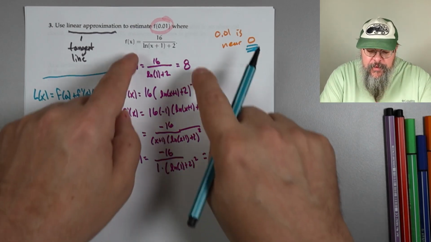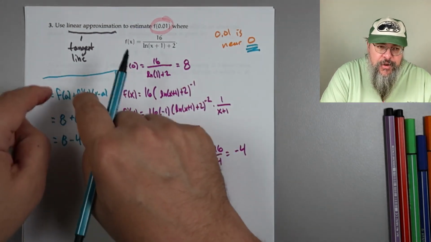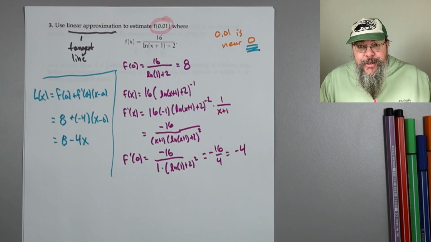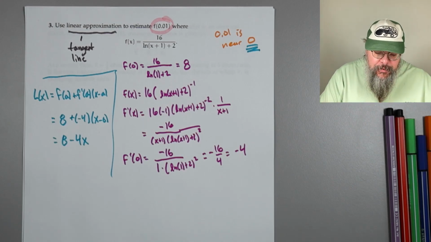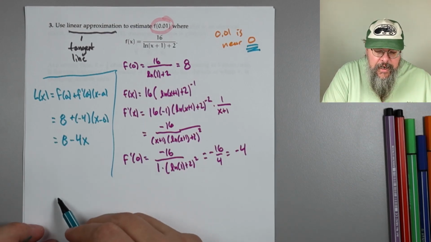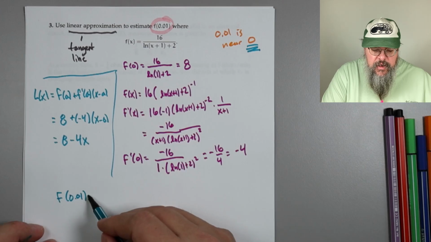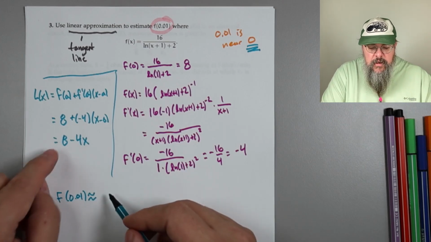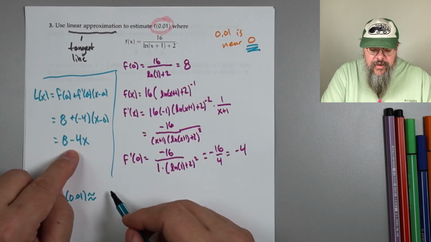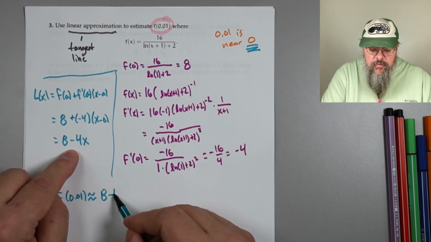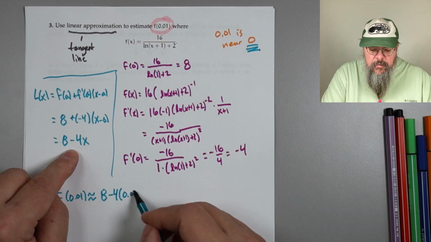So, the final push. We have the information to get our tangent line. We put it in our tangent line, like a linear approximation. Finally, we say, our f at 0.01 is going to be approximately, what happens when we plug it in here? 8 minus 4 times 0.01.